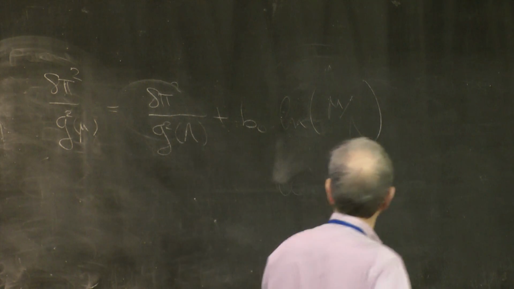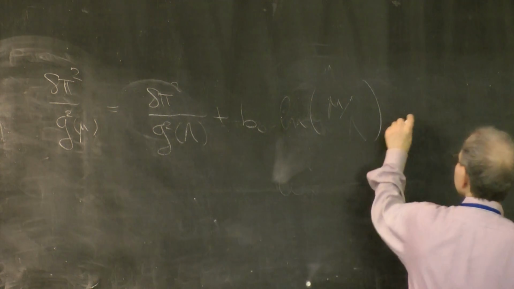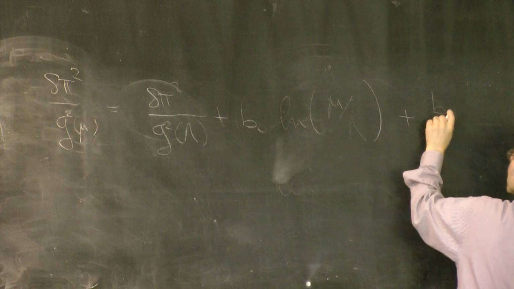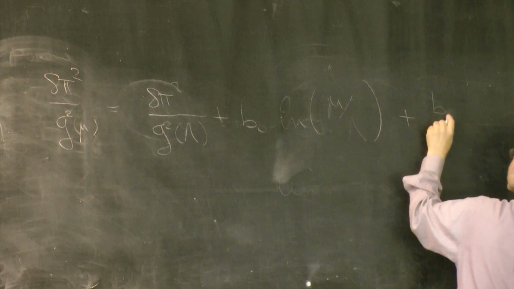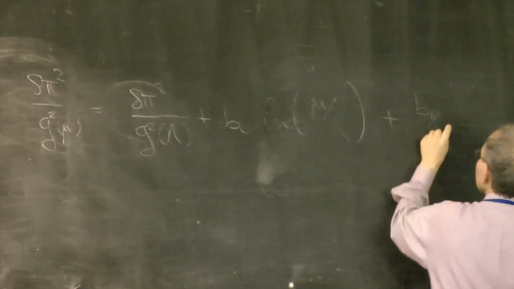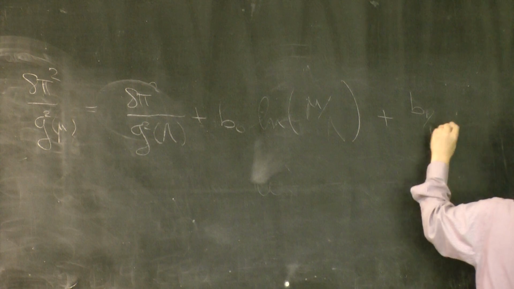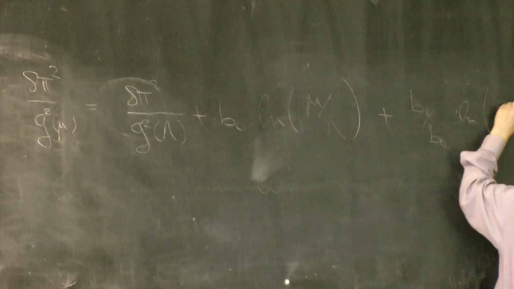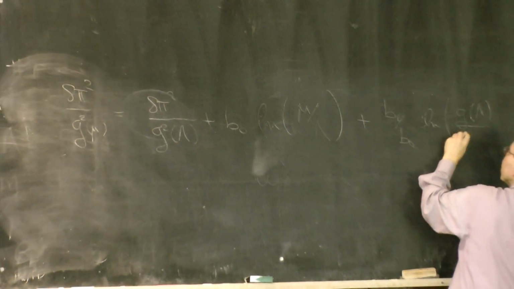The next order solution, by the way, we'll want later. So let me just write it, and you could use it if you want to work a little harder. It involves the next term in the beta function, B1 over B naught, times log of G of lambda over G of mu.